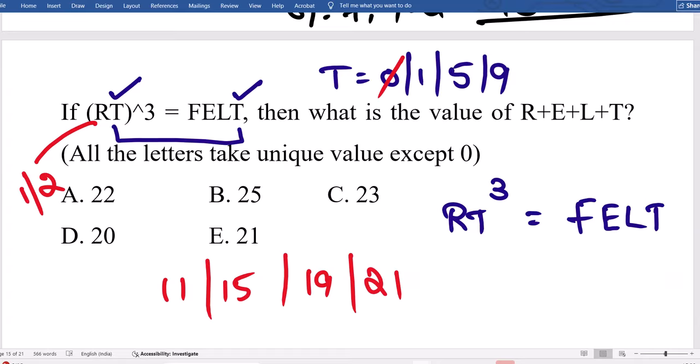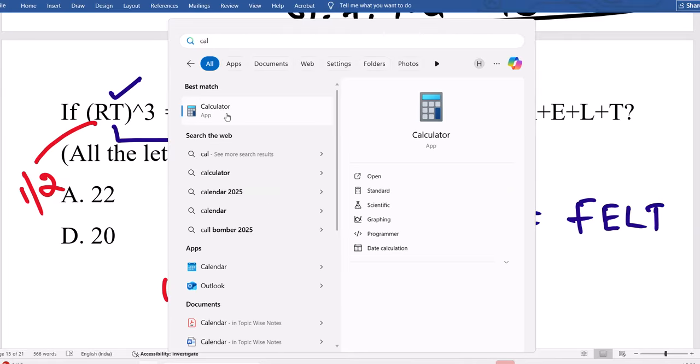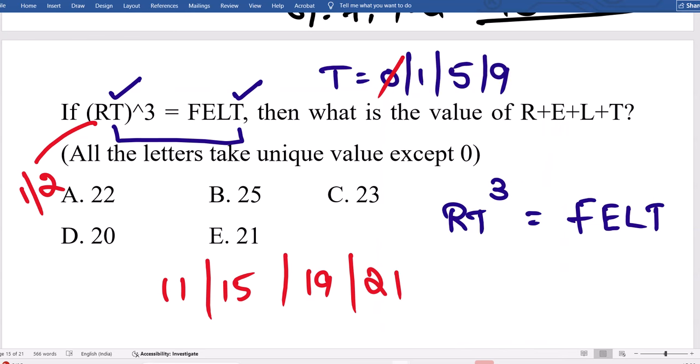We cannot go for 25, 29 because those lead to a 5 digit number. From 25 cube onwards it will go for big numbers. You can see 625 into 25 is a 5 digit number, right? So 25 cube onwards, wait. That's why you have only this choice.